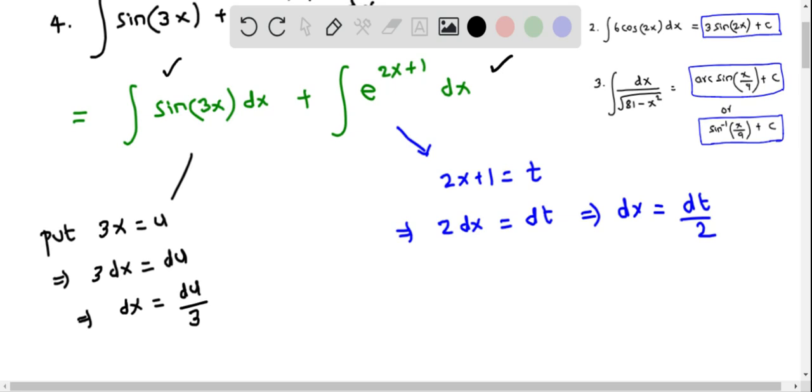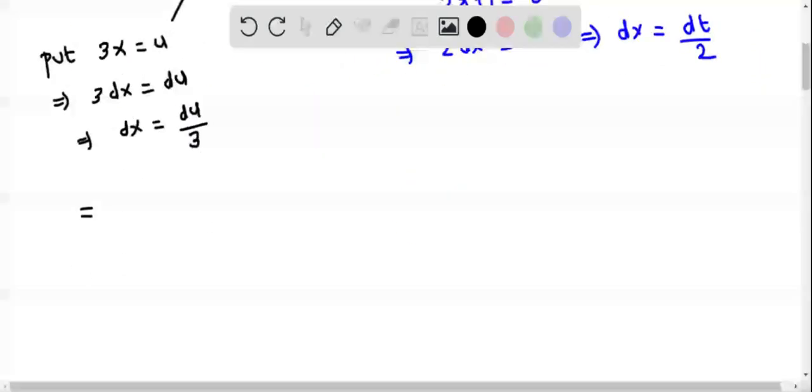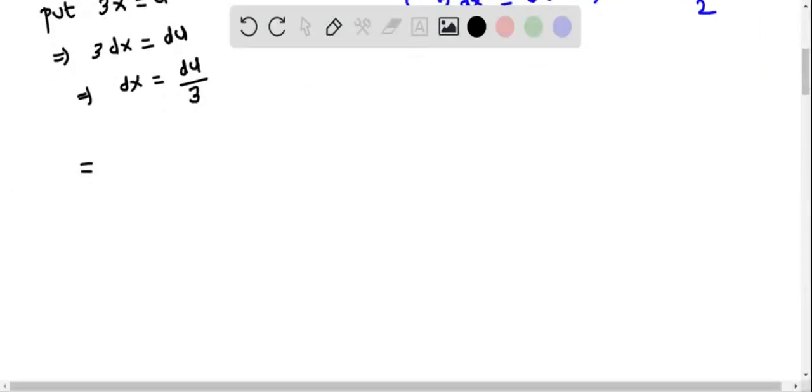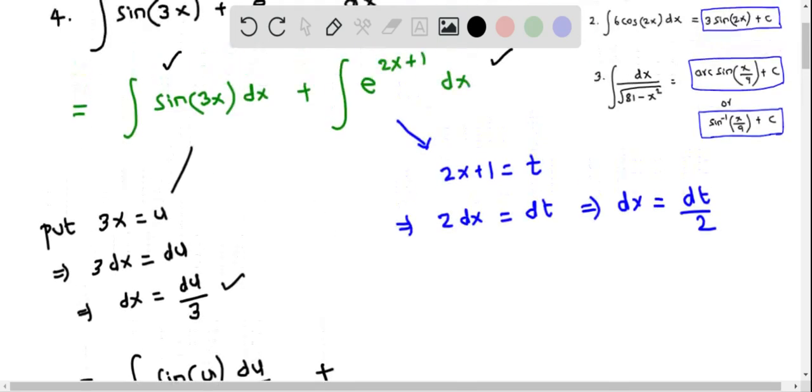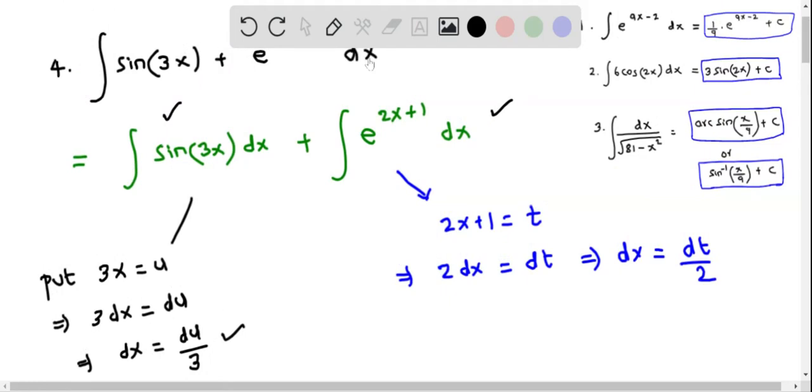So therefore the first integral becomes sine of 3x. 3x is replaced as u, so it becomes sine of u, and then dx is replaced as du over 3. So it becomes like this, plus the second integral is e raised to the power of 2x plus 1. We already made the substitution 2x plus 1 equals t.